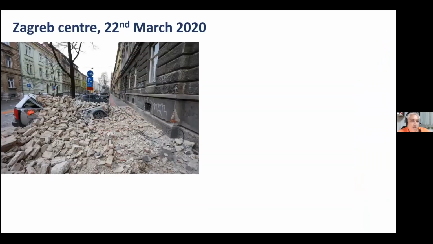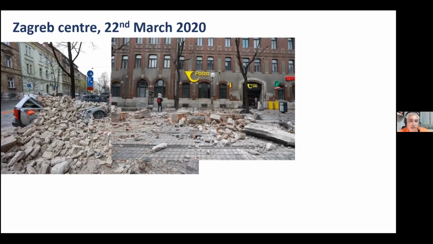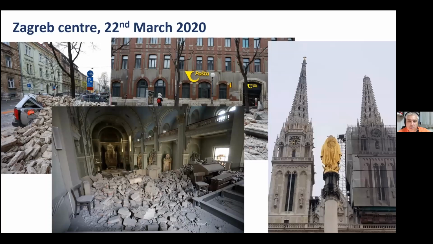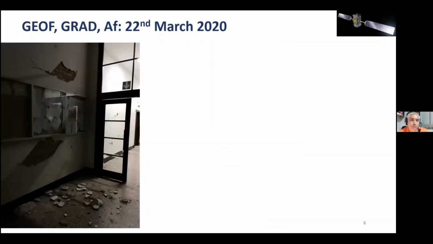Just quickly, the earthquake created a lot of damage in the center of the city, and much affected were the older buildings. I have to say that the newer buildings were not so much affected by the earthquake.